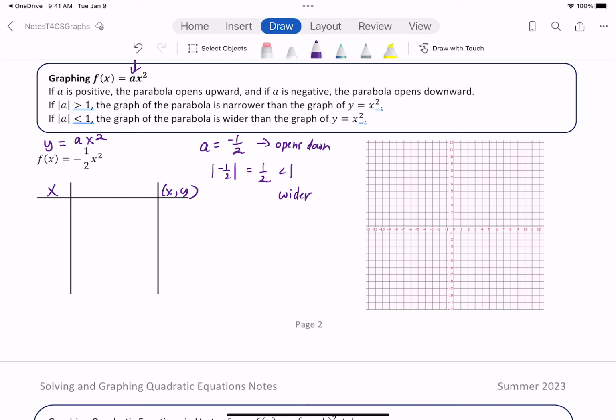So of course, we still have to decide how we're going to choose our values for x. And remember, the vertex is always where my x term is 0. So here I also have just x squared. So the only thing I can square and get 0 is 0.